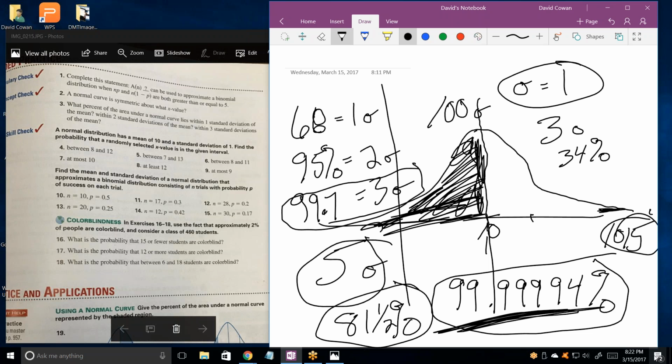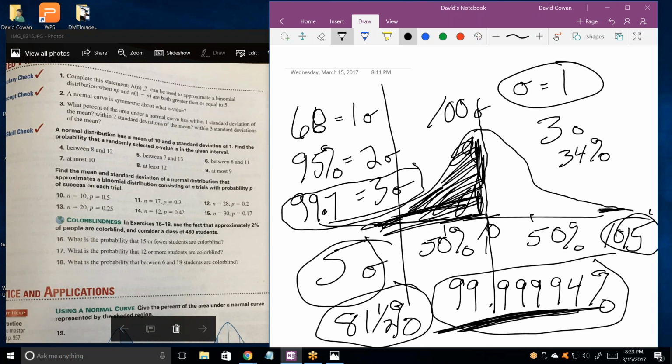The entire left side. Half of it. What I've shaded in black here is half of the total area under the bell curve. So it's 50% probability that you'll pick a number less than 10, and it's 50% probability you'll pick a number greater than 10. So any number at all, there's 100% probability you'll pick it.